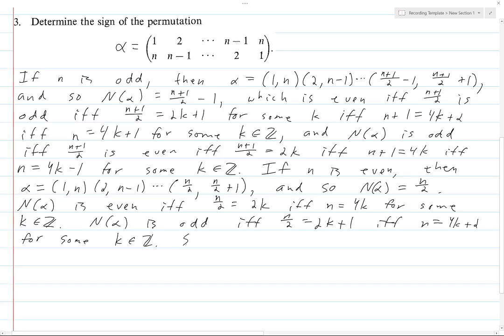So let's see here. If n is odd, so that basically takes care of it. The sign will depend on whether n is odd or even. When n is odd, then what it comes down to is how you write it.